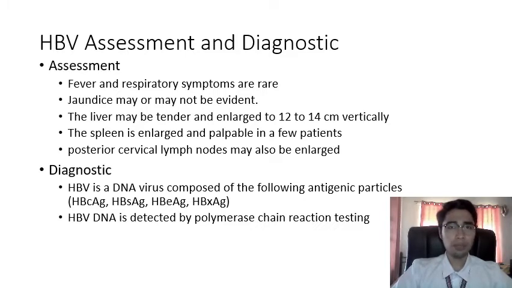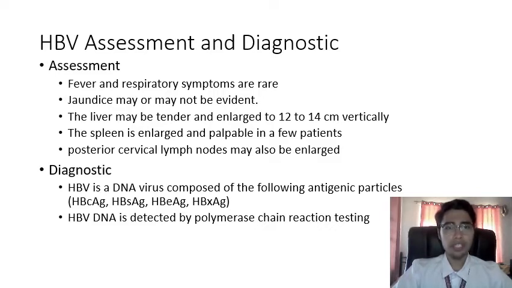So this is what they will usually be using to diagnose hepatitis B virus. That appears in about 1 to 10 weeks after exposure to hepatitis B virus and about 2 to 8 weeks before the onset of symptoms. So before you experience symptoms, if you believe that you've contracted hepatitis B, you can get tested.